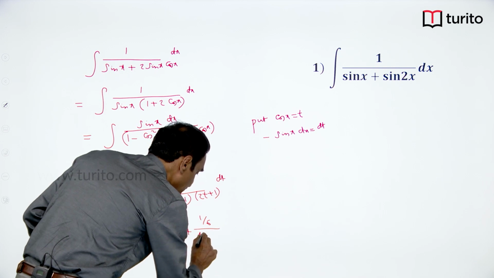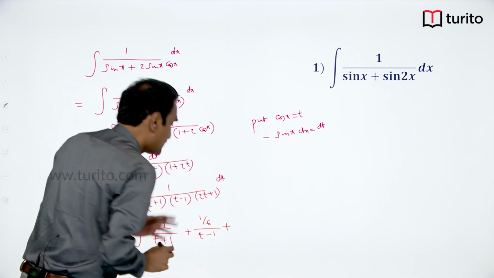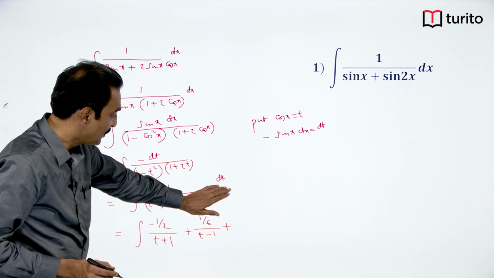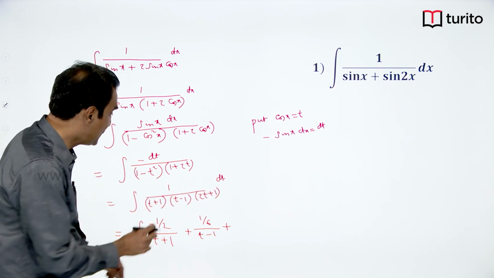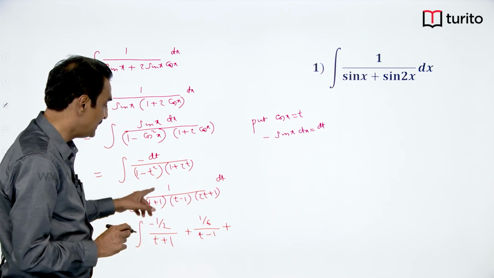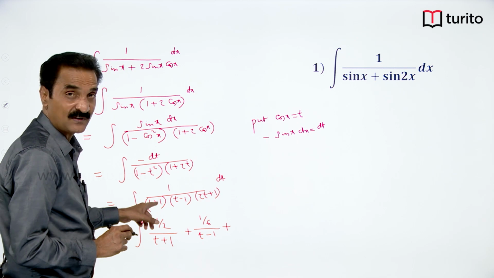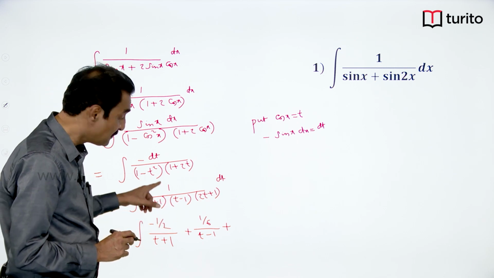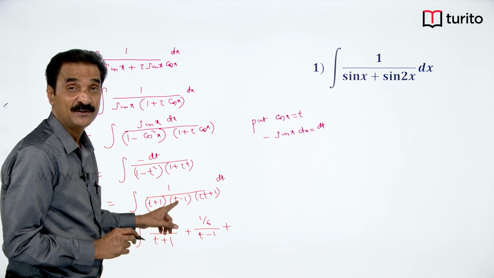by t minus 1 plus c by 2t plus 1. Cover this 2t plus 1 and put t is equal to minus 1 by 2 in the remaining. Then this will be 1 by minus 1 by 2 plus 1, 1 by 2, minus 1 by 2 minus 1, minus 3 by 2. 1 by 2 into minus 3 by 2.